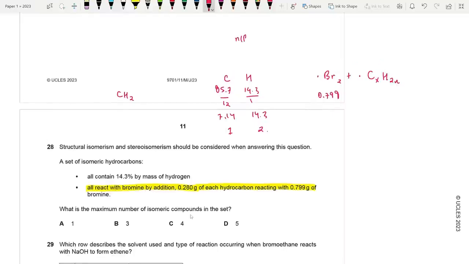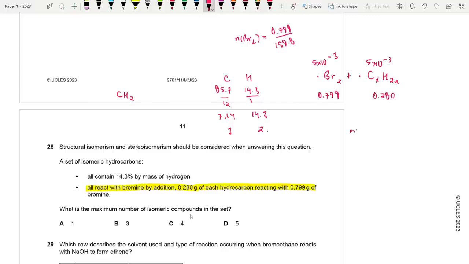So moles of bromine will actually be 0.799 by 159.8, which gives us an answer of 5 times 10 to the power minus 3. So this also has the same number of moles, 1:1 ratio, but a mass of 0.280. Fine.